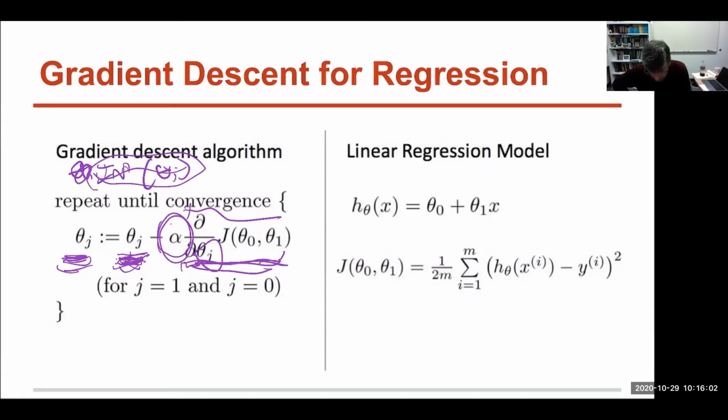And we will then take a step of size alpha times the magnitude there in the right direction. And if we're always moving in the right direction, and if the function is convex, then we will eventually reach the minima. Any questions about that?